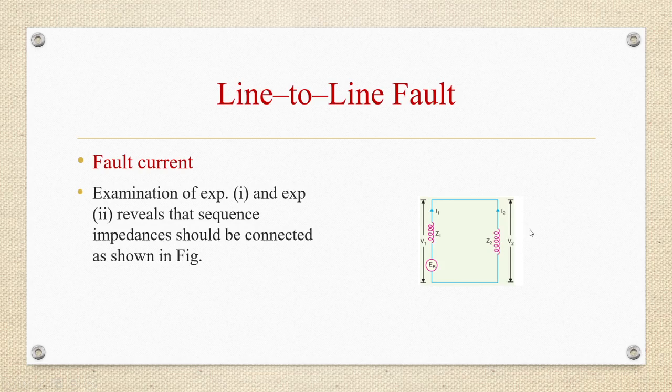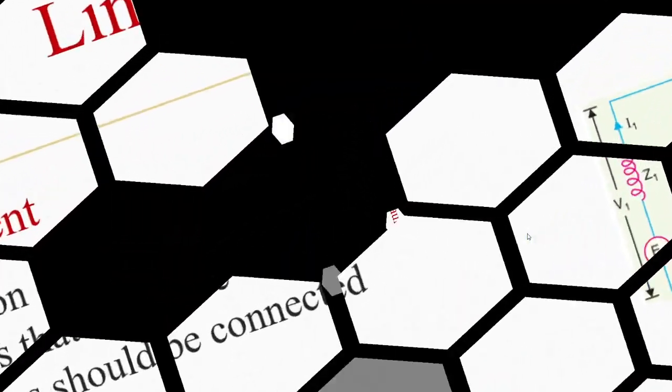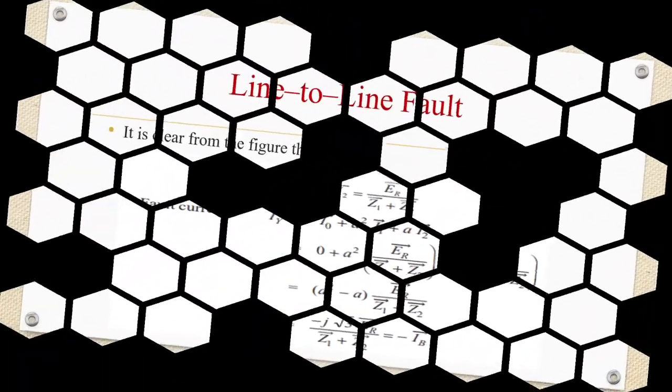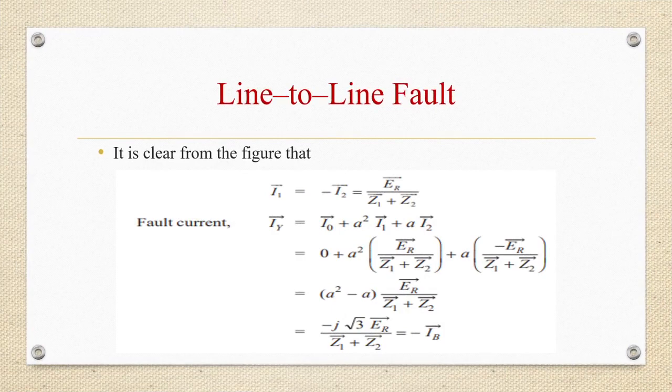Current is I2 here. We are calculating fault current. So now I1 is minus I2, that is ER by Z1 plus Z2, and fault current Iy is I0 plus A square I1 plus AI2. Substitute the values of I1 and I2. We are going to get the value of Iy as minus j root 3 ER by Z1 plus Z2, and that is equal to minus Ib.